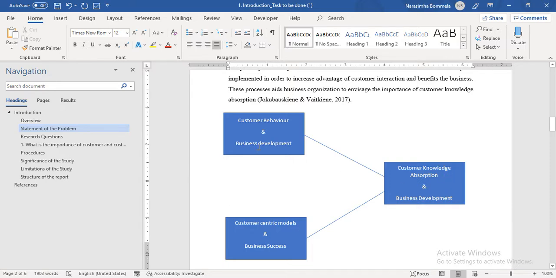Application of the customer-centric model means the company will collect customer information from the customer, and it will influence the success of the business. Exclusively these two cannot prove this concept, but if we combine them, they can prove customer knowledge absorption and its need for business success.